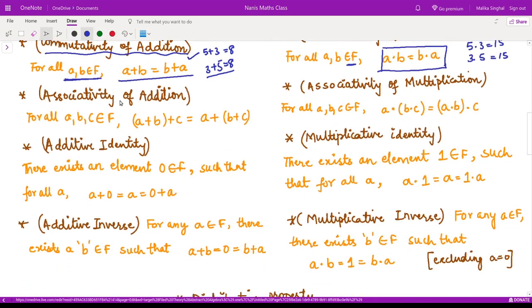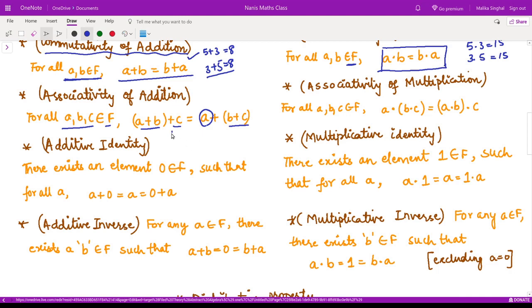Then the associativity of addition. That means if you take any three elements in F, the grouping does not matter. It means that if you add A and B first and then add C to it, or you add B plus C first and then add A to it, you'll get the same result. That is the associativity of addition, right?